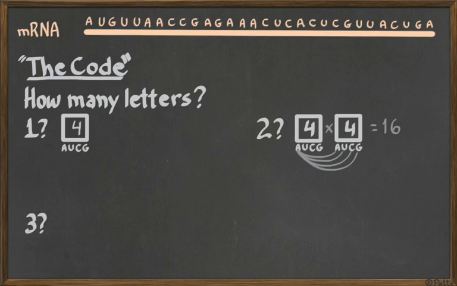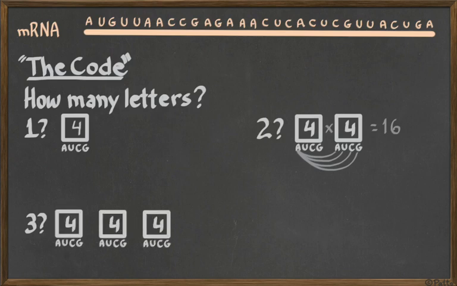So let's take a look now at the next possibility, which is words of 3 letters. If the words are of 3 letters, we can have 4 possibilities in the first one, 4 possible different in the second one, 4 possible different in the third one. So you can make, for example, AAA, AAU, AAC, AAG, AUA, and so on.